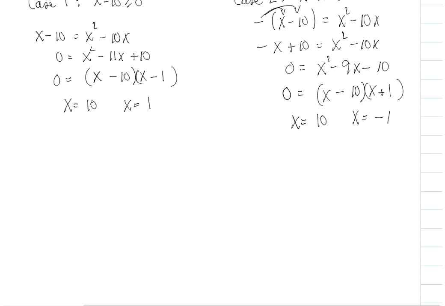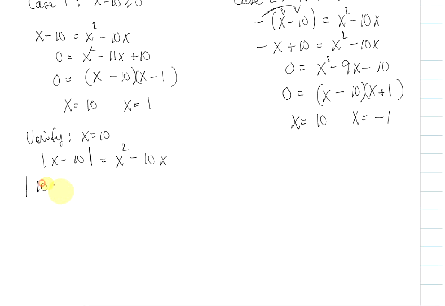We have x equals 10, which is repeated over here, so we just have to verify once for that. Then we verify for x equals 1 and x equals negative 1. All right, so starting with the 10, we want to plug that into the original equation. We'll start with x equals 10.